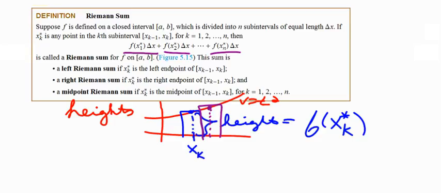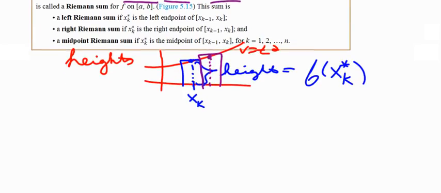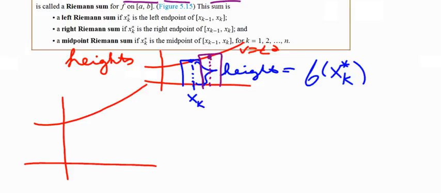So I'm going to draw quick pictures of the different left, right, and midpoint. If I have a curve like this, left would be the left corner of my rectangle.